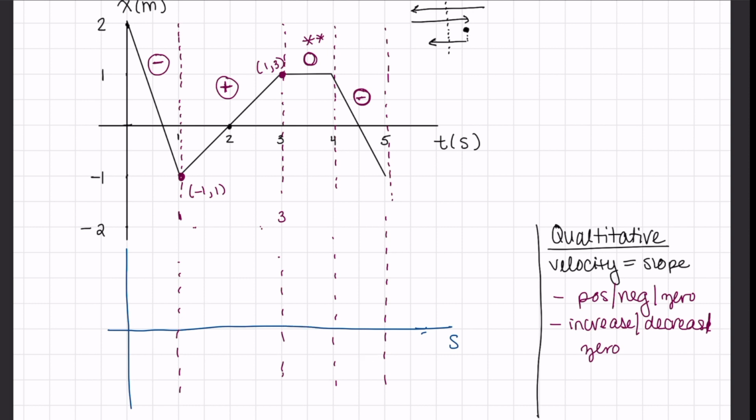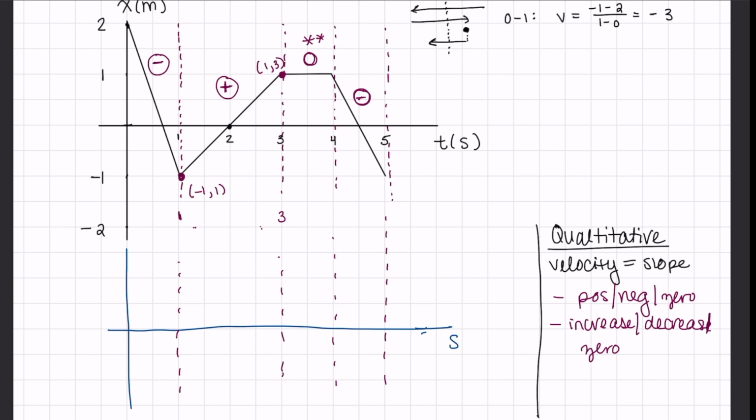But if we wanted to go ahead and find the actual values, which I think is a little bit much for an exam, but is perfectly reasonable for a homework question or something of that nature, we want to go ahead and kind of quickly find the slope for each of these. So 0 to 1, we'll have v equals negative 1 minus 2 over 1 minus 0.